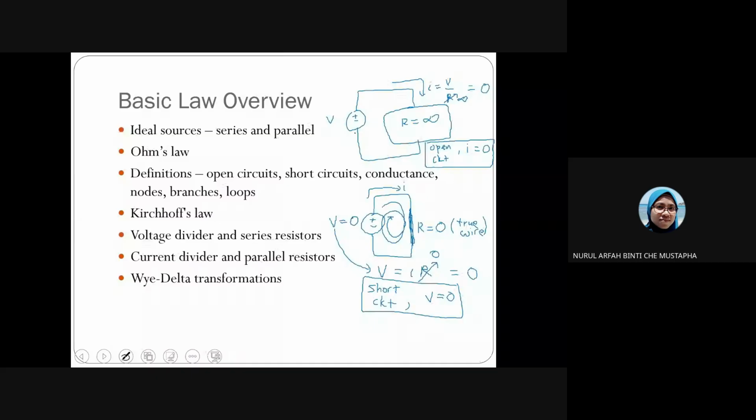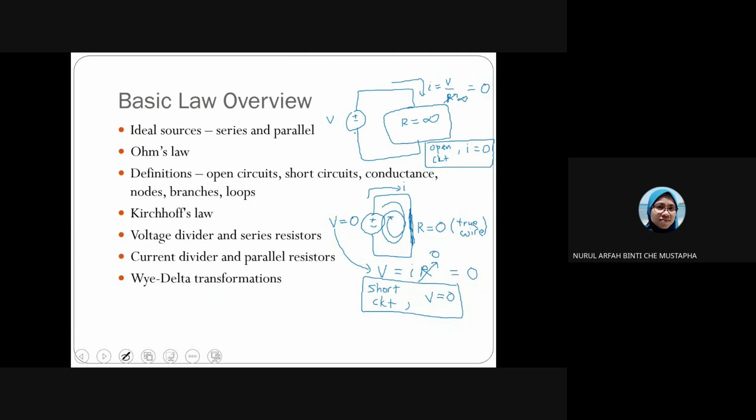And for a wire, in a short circuit, the voltage is equal to zero.